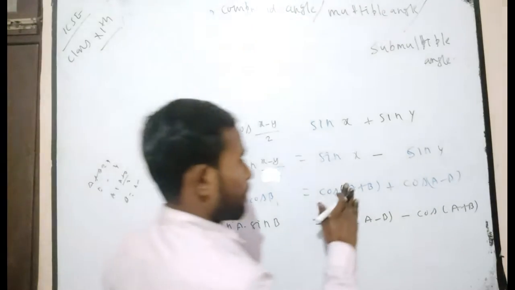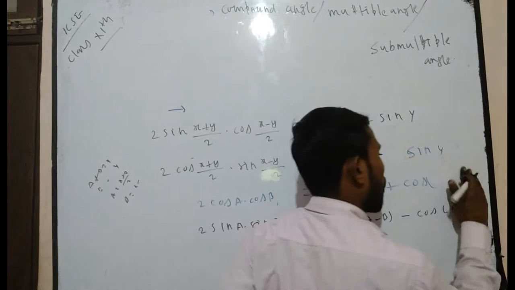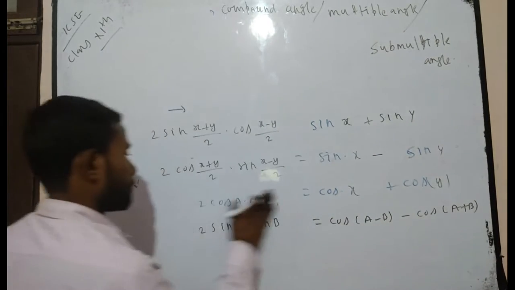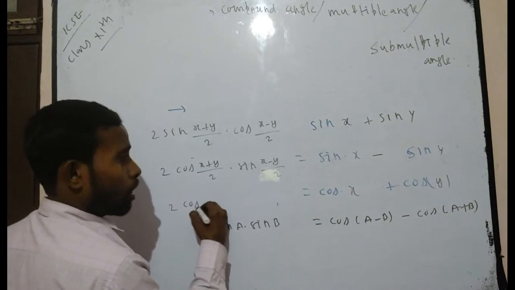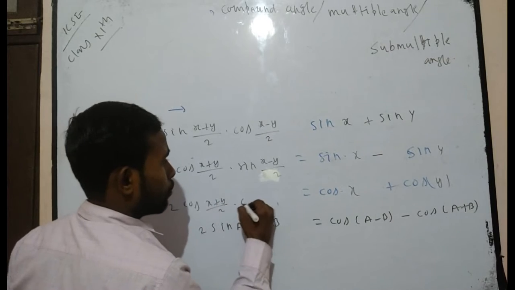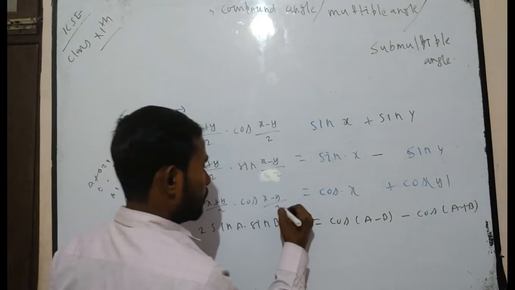Next formula will be cos x plus cos y, which will be 2 cos((x plus y) by 2) into cos((x minus y) by 2).